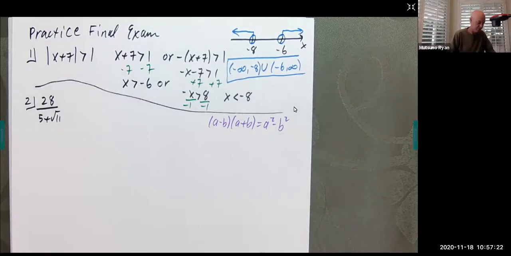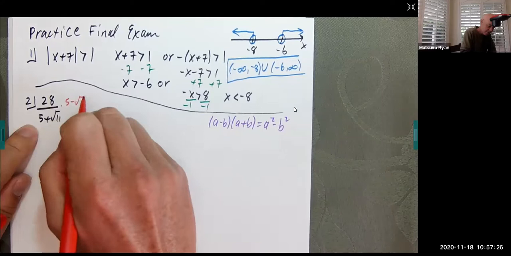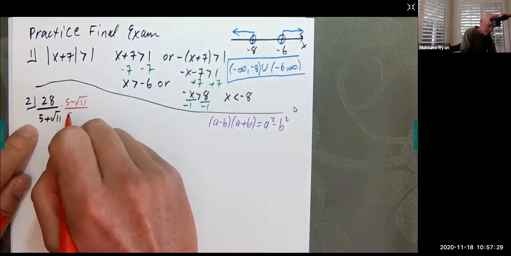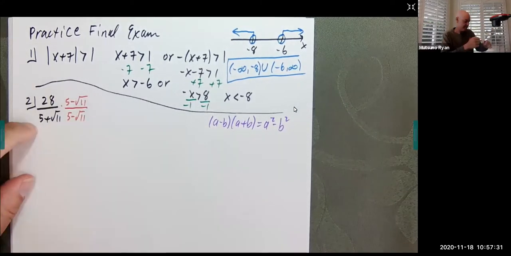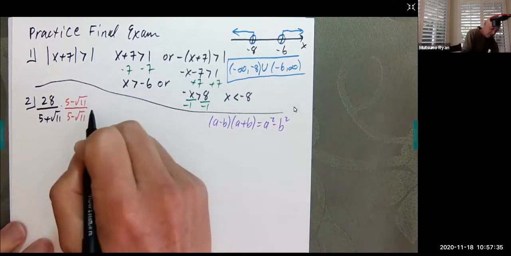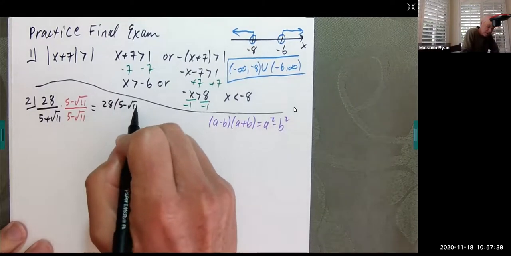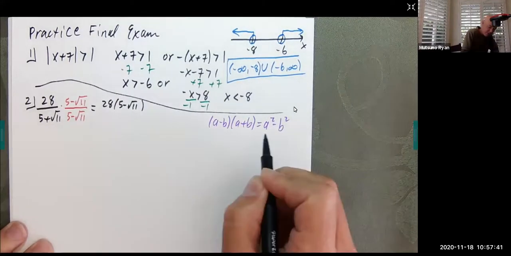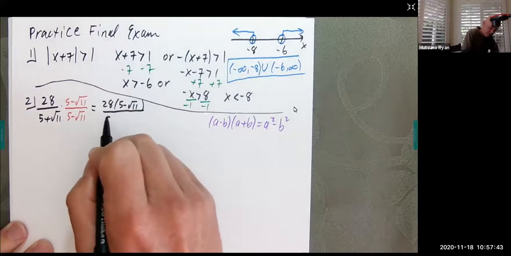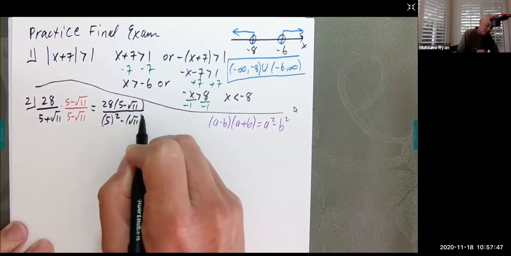And the conjugate of 5 plus root 11 is going to be 5 minus root 11. And because I have this thing going on, I'm going to end up with 5 squared minus root 11 squared.